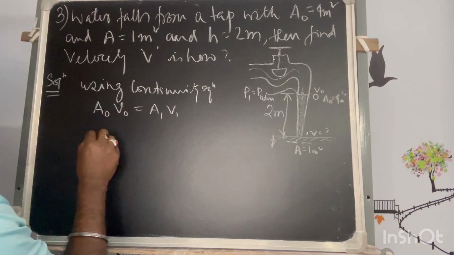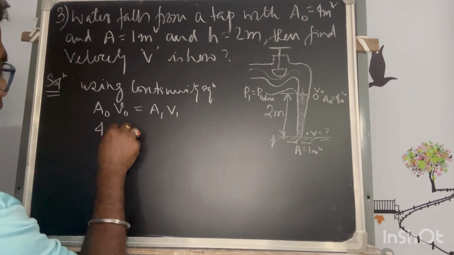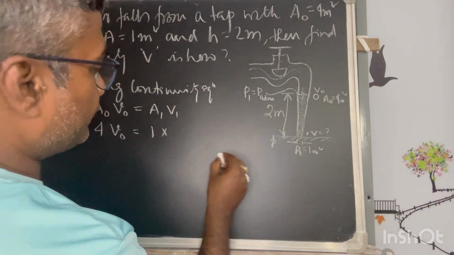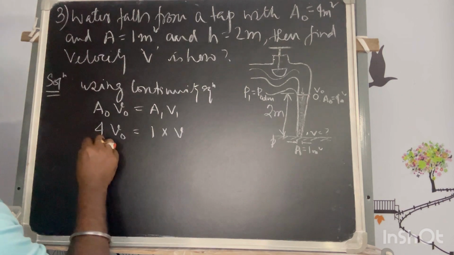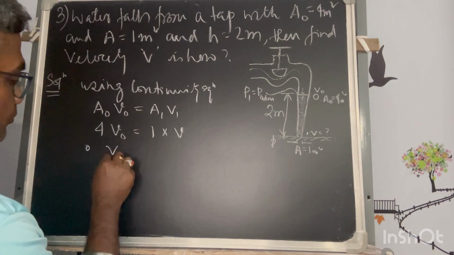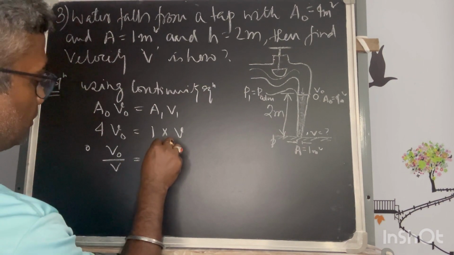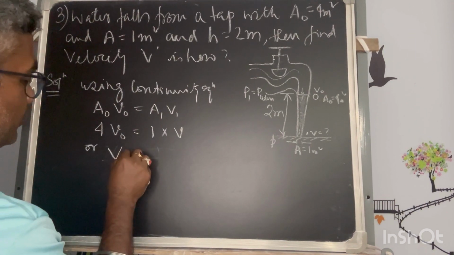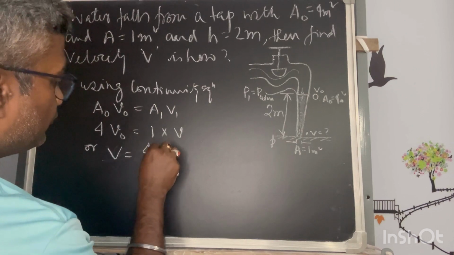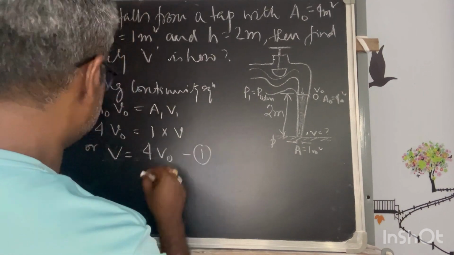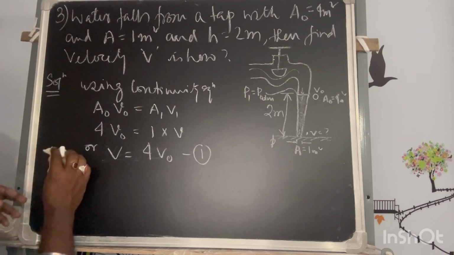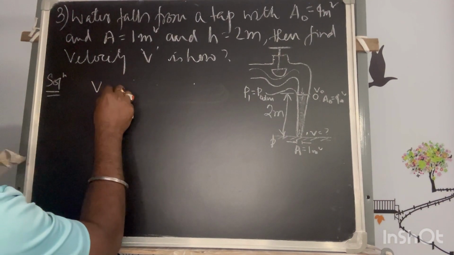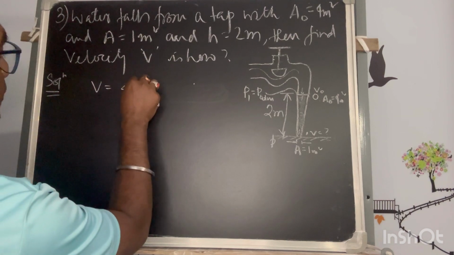So A0 cross section is 4, V0 we don't know, A1 is 1, and V we have to find, so we will keep it V. What is the relation between V0 and V? V0 upon V is equal to 1 by 4, or V in terms of V0 is equal to 4 times V0. This could be our first equation, so we will take this into consideration: V equals 4 V0.